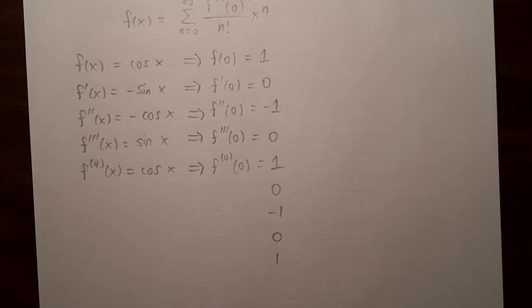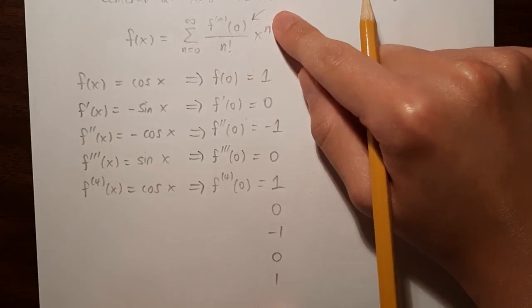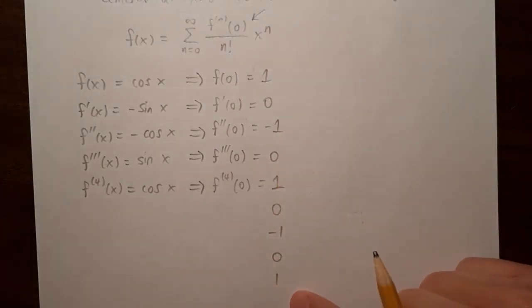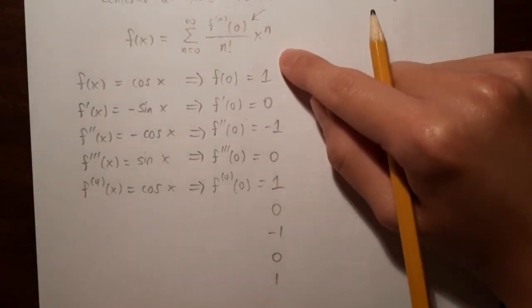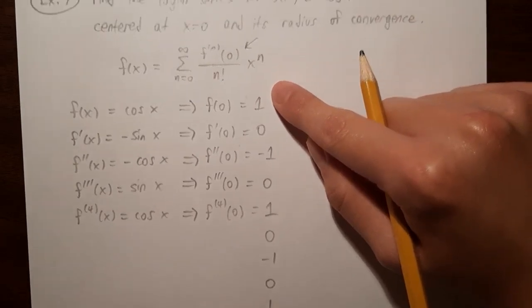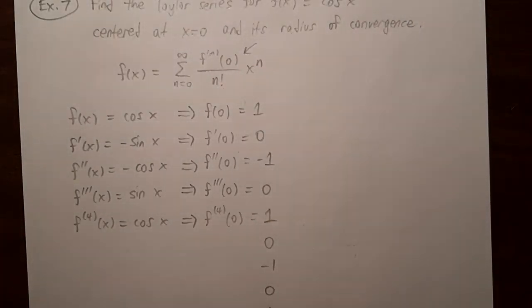But then the question is, how on earth do I encapsulate this pattern, simple as it might be, as a formula? It's not really clear how you do that. Well, so in that case, let's not do that for now.